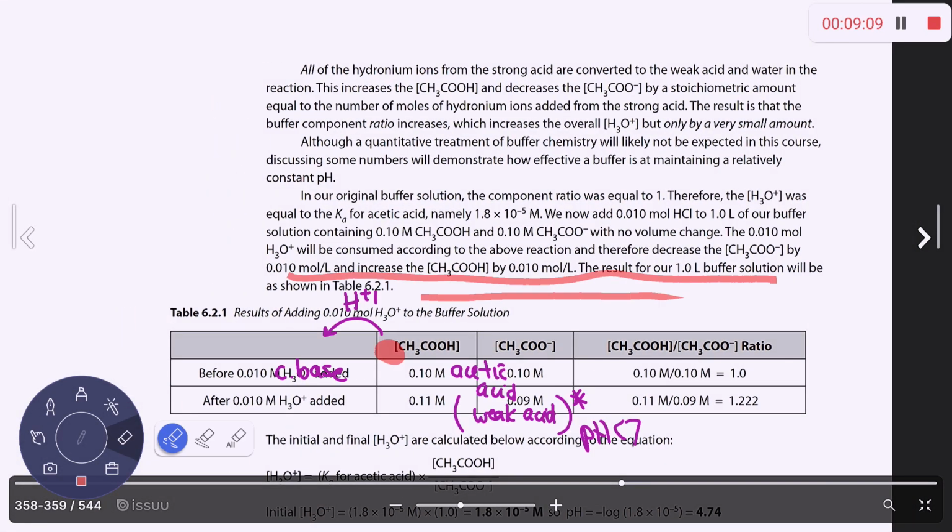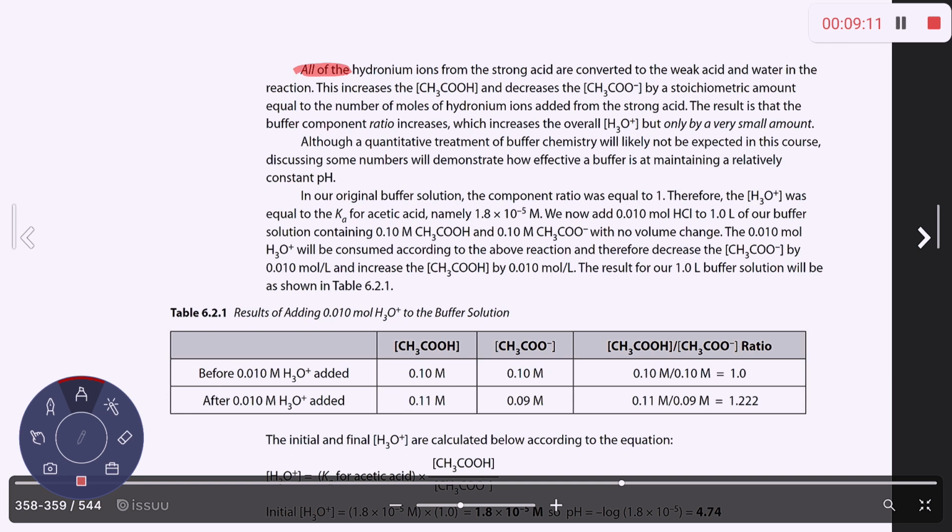We're going to convert all of the hydronium ions from the strong acid, because remember, hydronium ions are the same thing as hydrogen ions, right? And this all came from the strong acid, and these are converted to the weak acid and water in that reaction. So since you are increasing the acetic acid concentration, that is why your pH is changing.